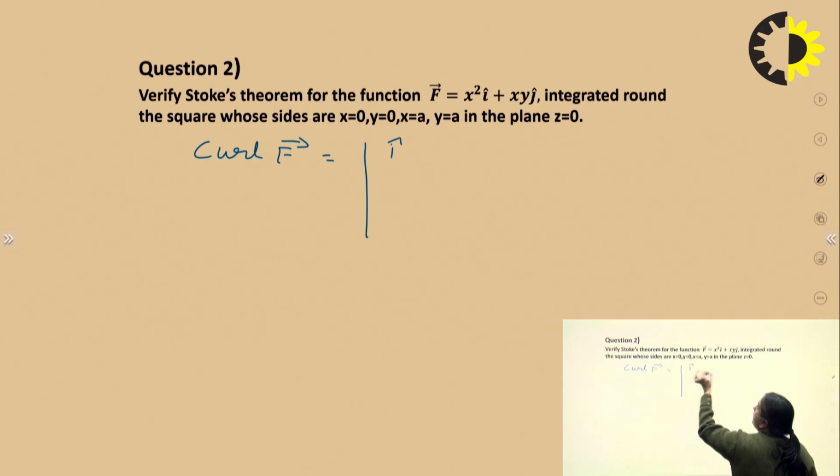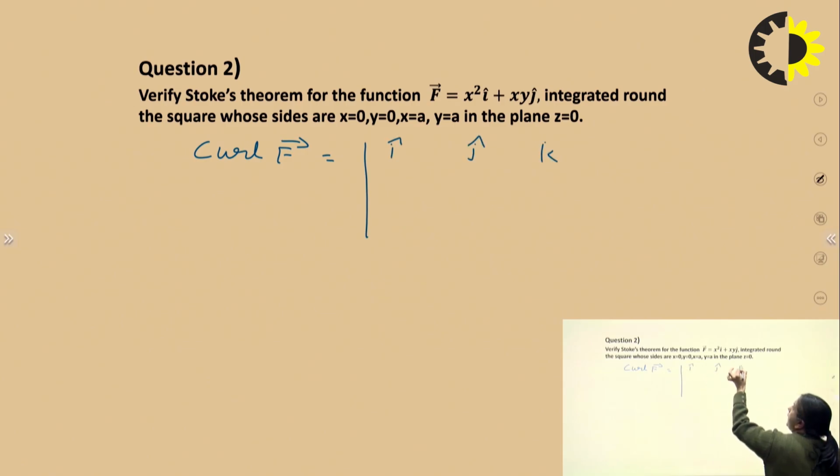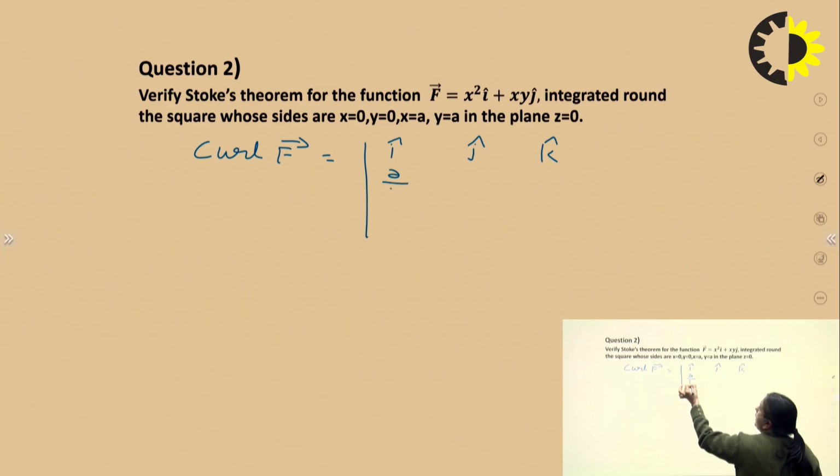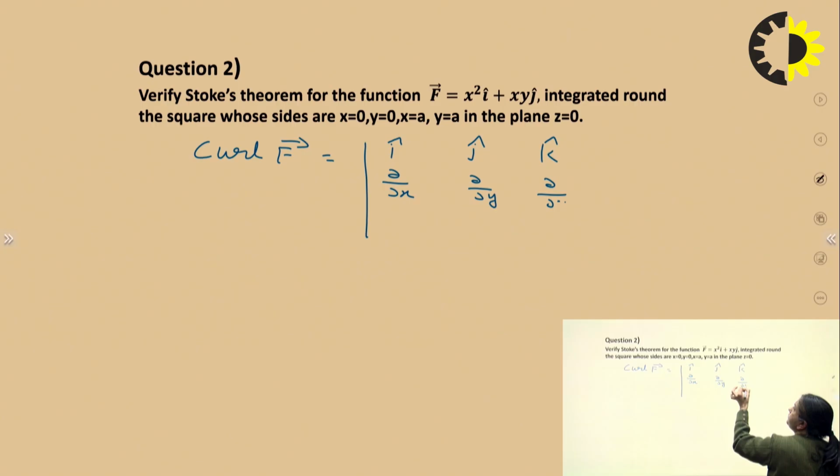So we take i cap, j cap and k cap; del by del x, del by del y and del by del z. Coefficient of i cap is x square, coefficient of j cap is xy and coefficient of k cap is 0.